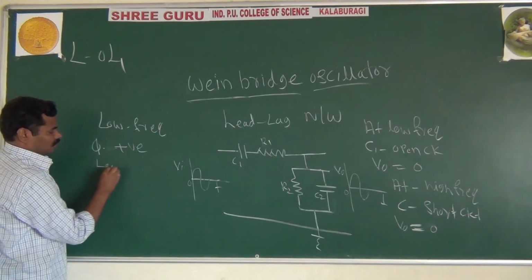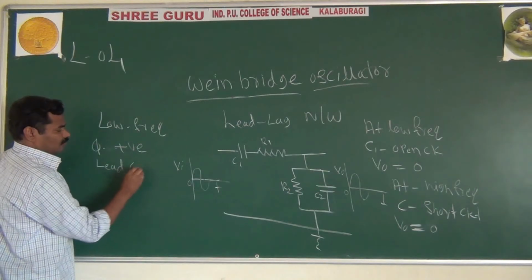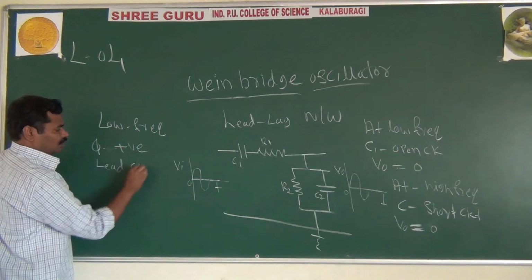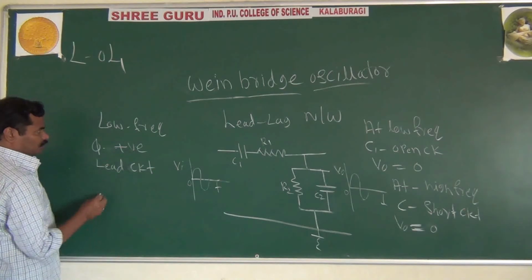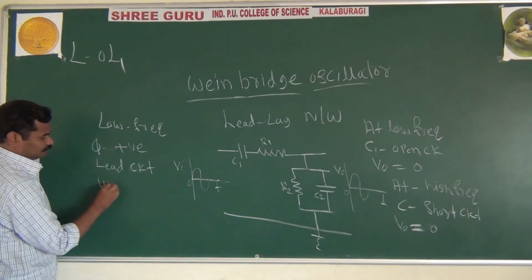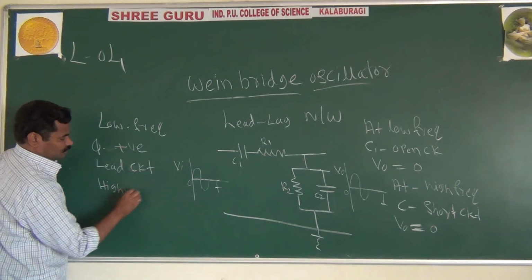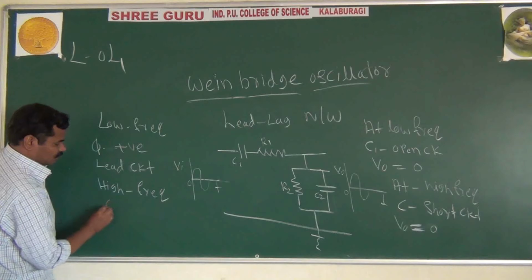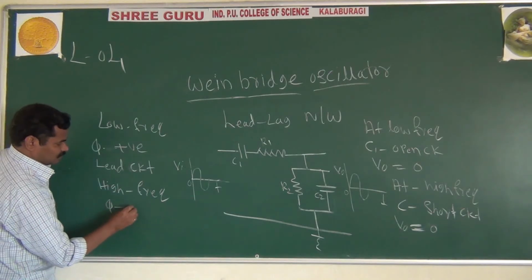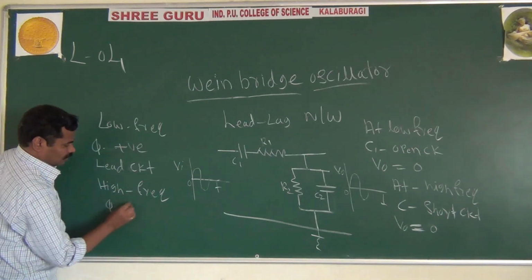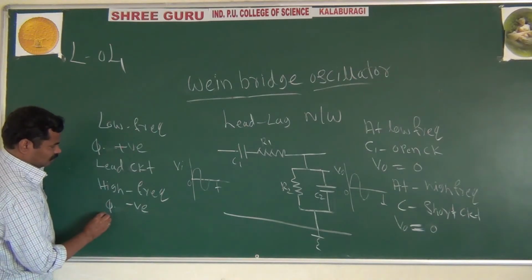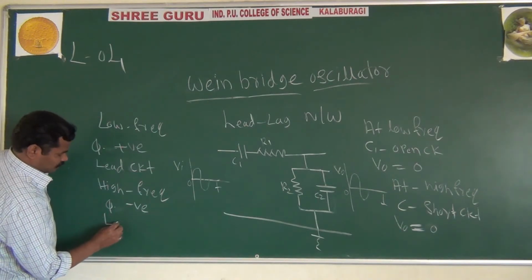The output and input voltages are leading; the circuit acts as a leading network. And at high frequency, what happens? Your phase angle is negative. Then it acts as a lag network, lead lag network.